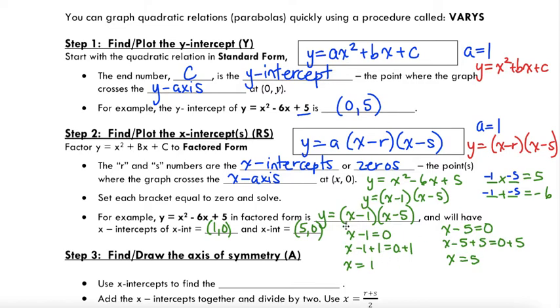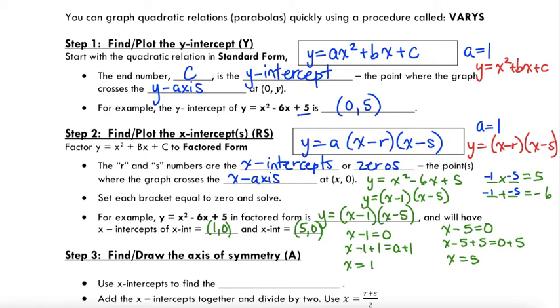You'll be able to say, okay, x minus 1, that means I have (1, 0). x minus 5, that means I have (5, 0). So whatever these brackets happen to be, you're just going to switch the sign to find the x-intercepts. So that's a nice, quick and easy way to do that.